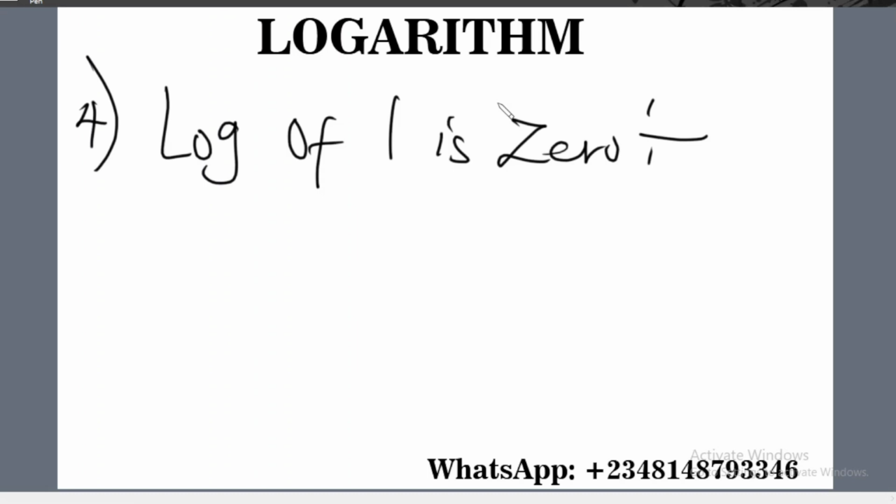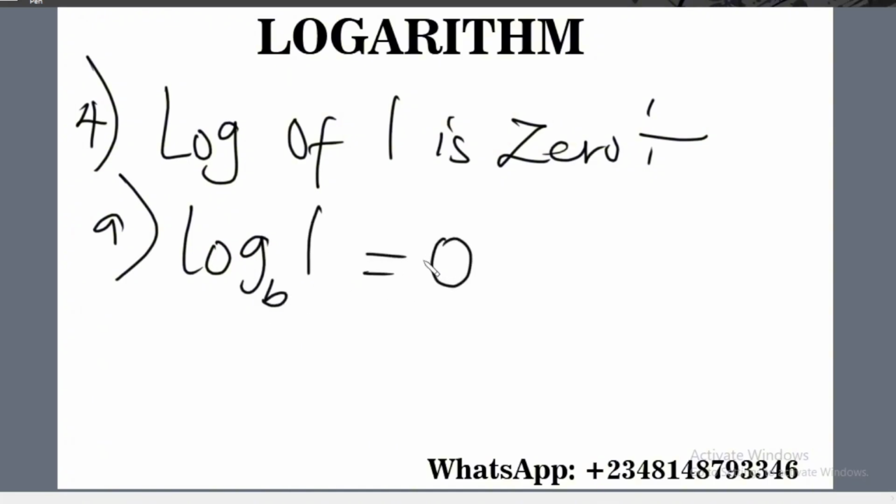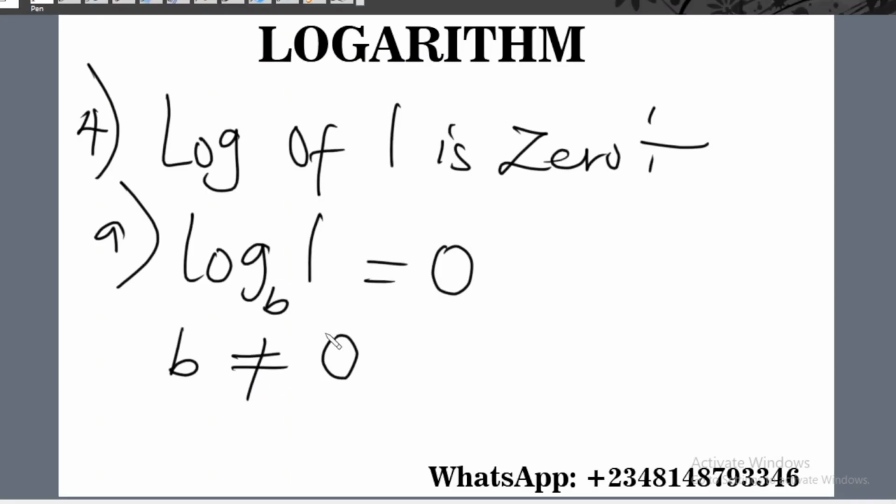So let's take an example. Log 1 to base b equals 0. Note this, b is not equal to 0. The law states that the log of 1 to any base is 0, except that the base is 0.